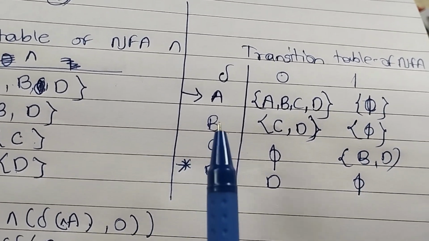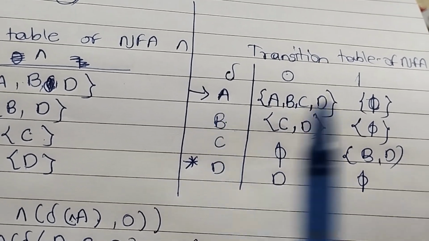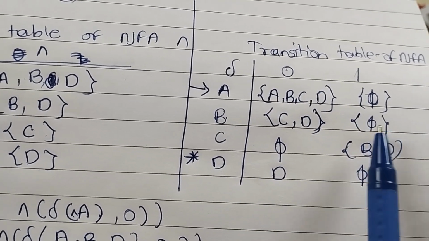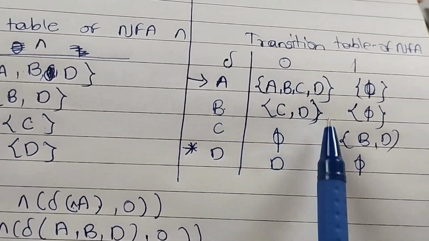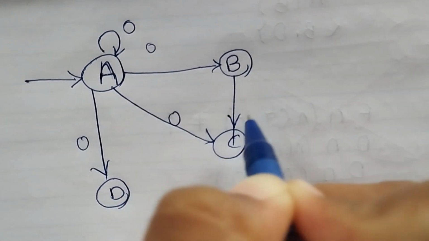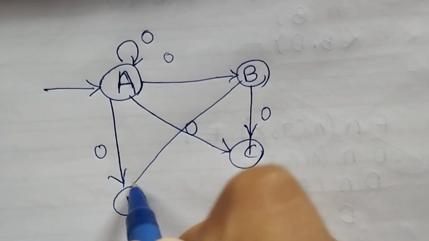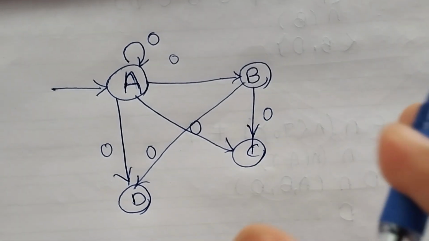So we move to the B state. B reads 0 in C and D, and B reads 1 in phi, so this is again null. We only draw the B which reads 0 to C and D. B does not read 1.